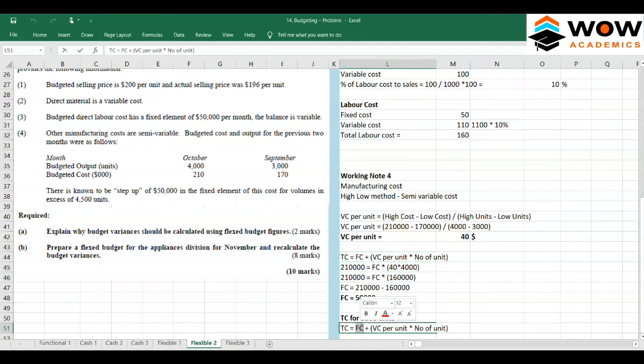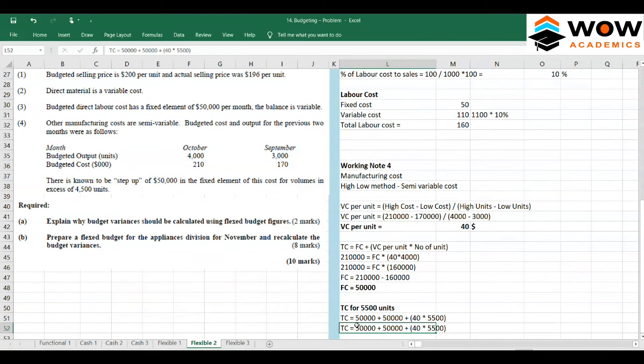Fixed cost is going to be 50,000 plus, see, they have also told that whenever the number of units crosses 4,500 units, there will be an additional 50,000 of step up fixed cost. So that is another 50. The variable cost per unit is 40, and the number of units produced by the company is 5,500, which we are trying to find out. So what is the answer?